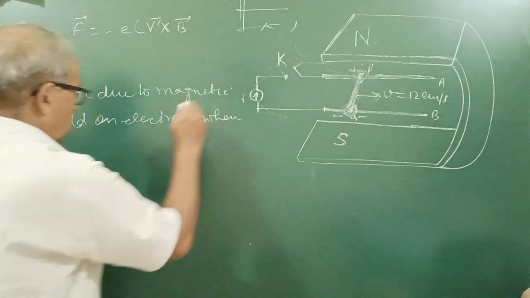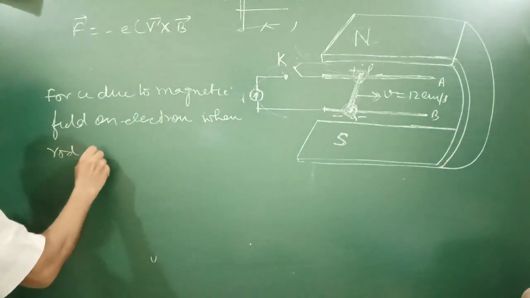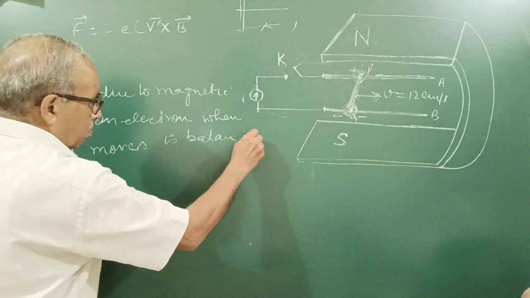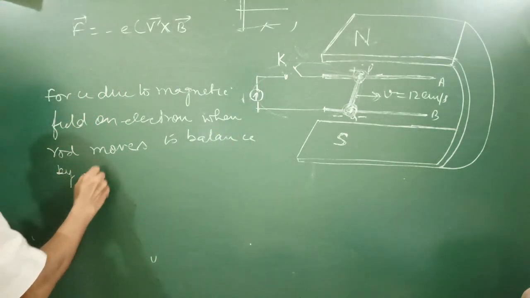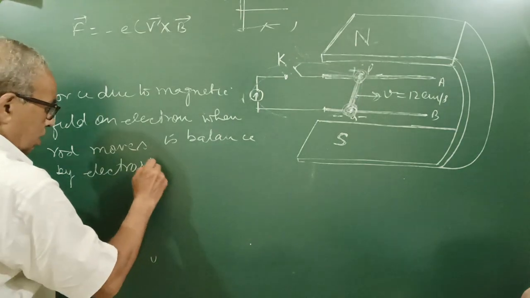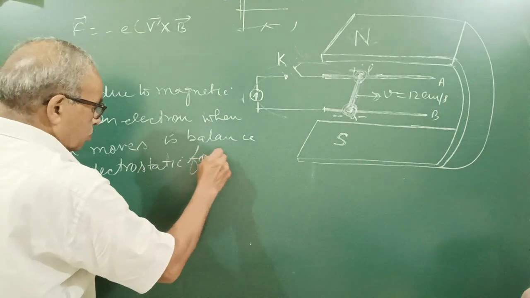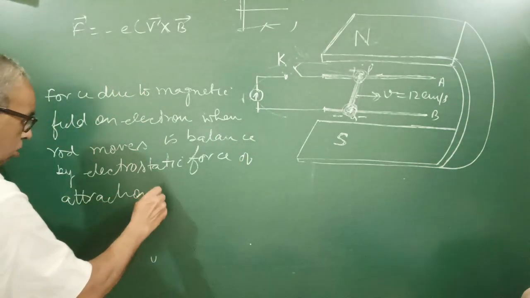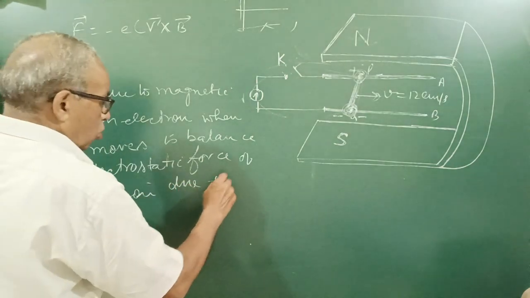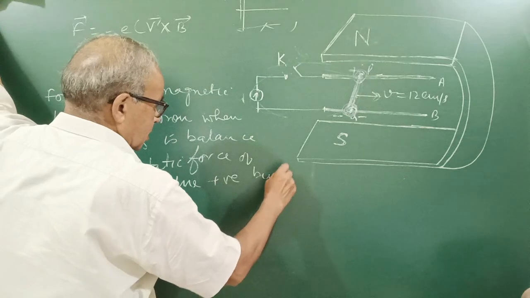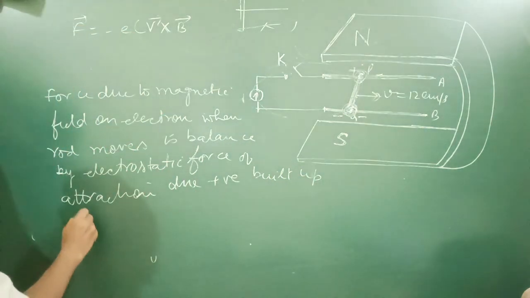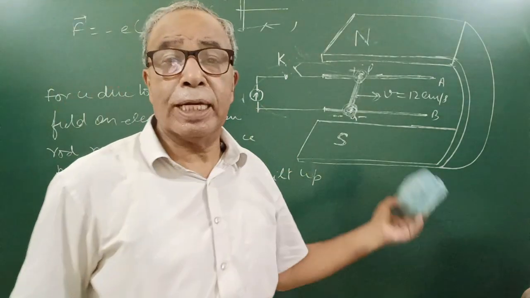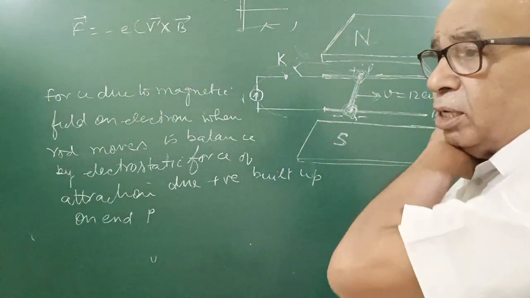when the rod moves is balanced by the electrostatic force of attraction due to the positive charge built up on P. When the rod moves, whether K is closed or open, an induced EMF will be there.